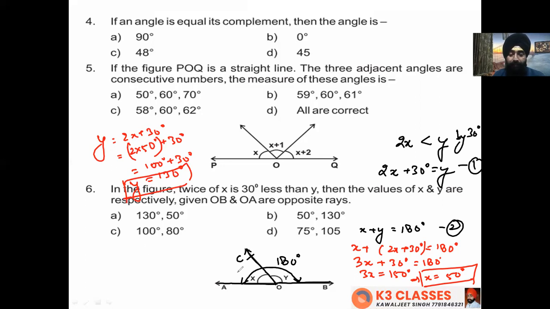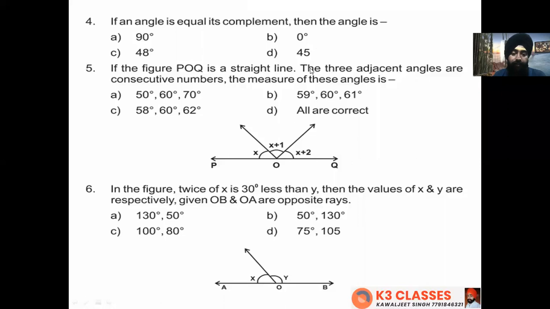Our answer is correct because the sum of these two is again 180. That means they are forming a linear pair. This is clear. So we have understood the general angles, which are acute angle, obtuse angle, right angle, reflex angle, complete angle, linear pair, complementary angles, supplementary angles.